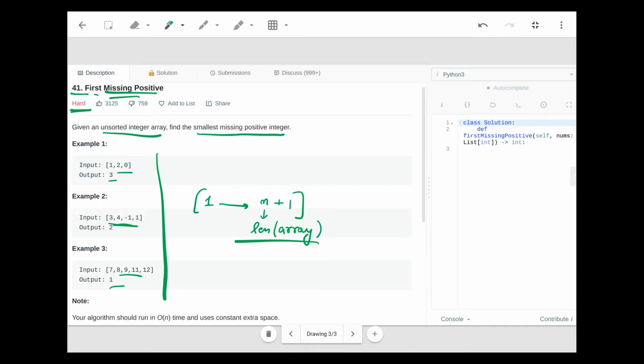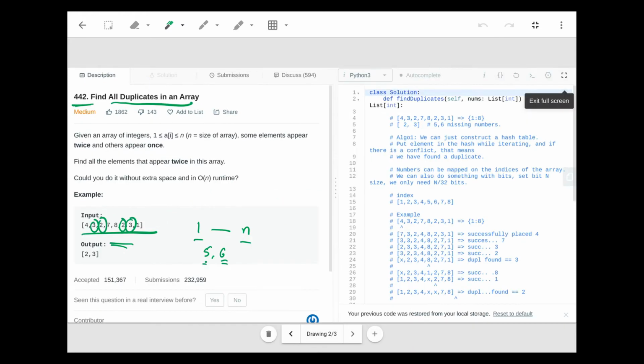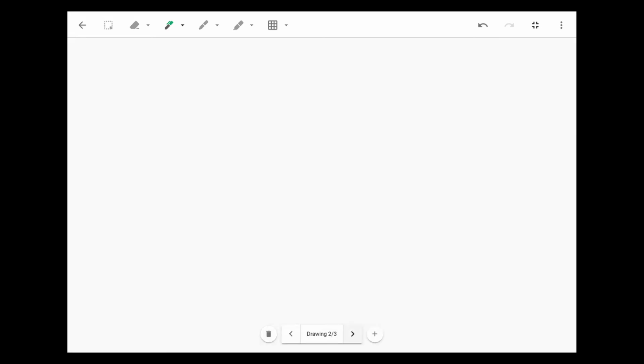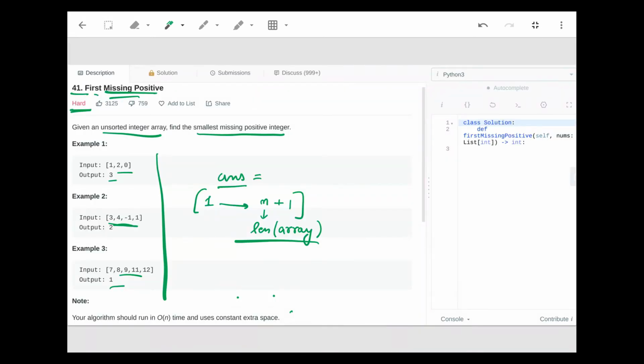So our answer range is this. And in the find all duplicates in an array question, the numbers are bound between 1 to n and some numbers are duplicate. So whenever you have an integer array bounded from 1 to n, you can always think that I can somehow arrange or sort these numbers and basically put each number on its own position, on its own index.